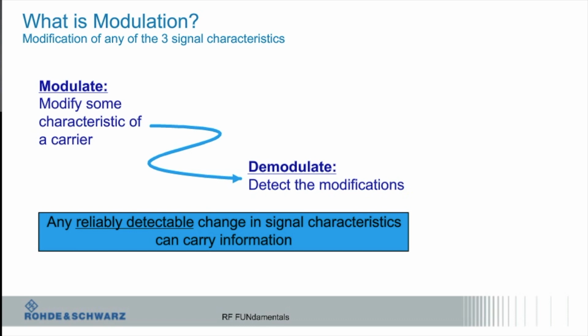So, any reliable, detectable change in the signal characteristics. Again, it's typically amplitude, phase, or frequency, or a combination of those. QAM is an example: quadrature amplitude modulation, which has a phase component and an amplitude modulation component.